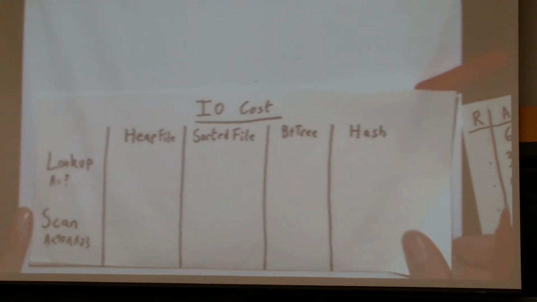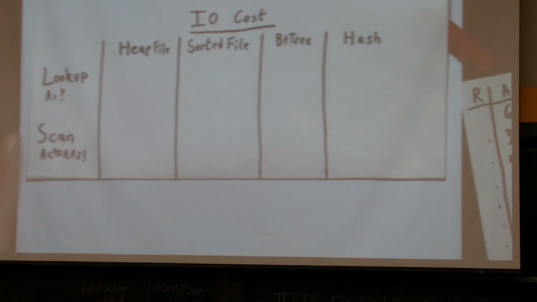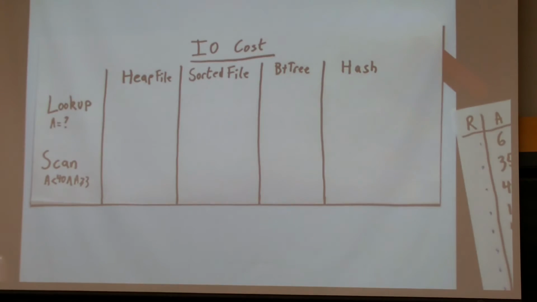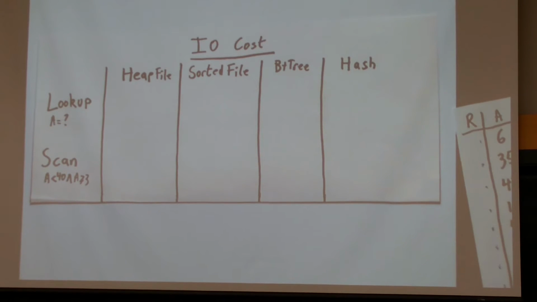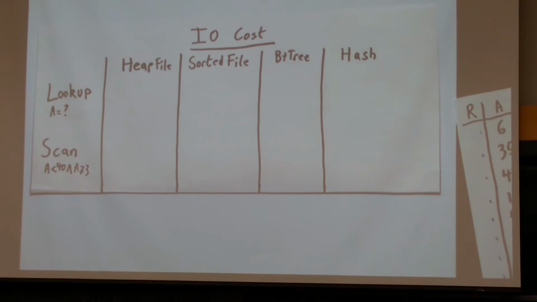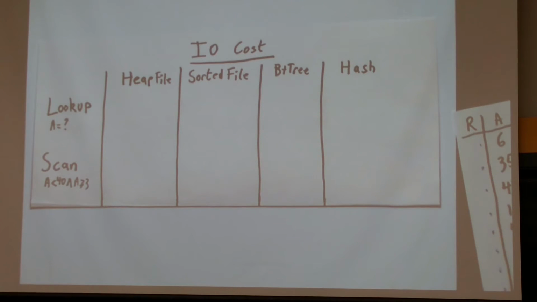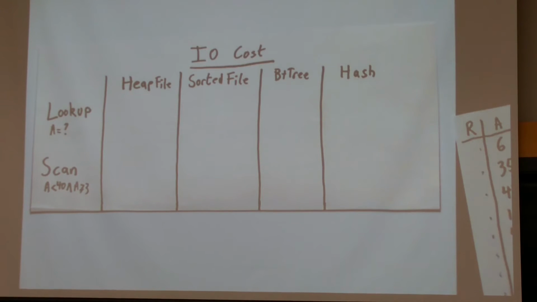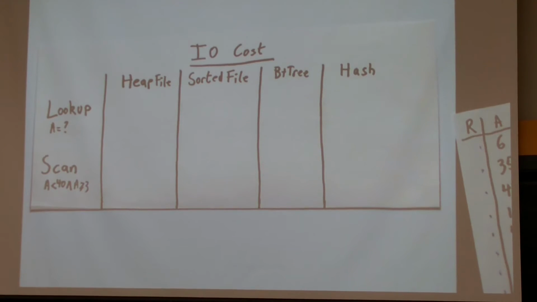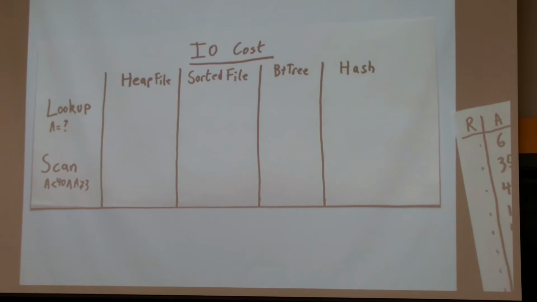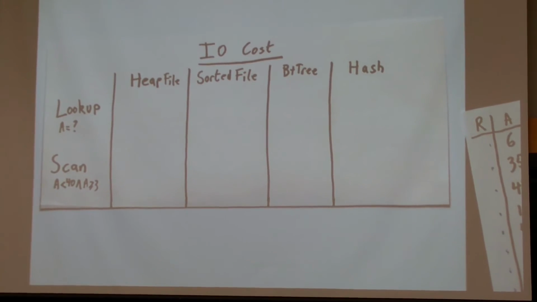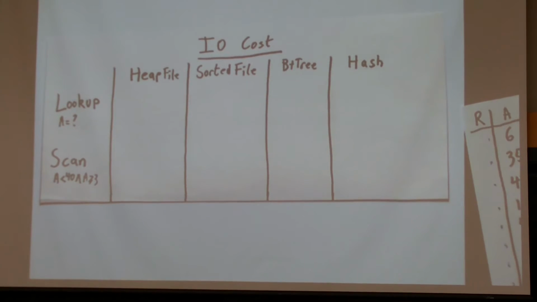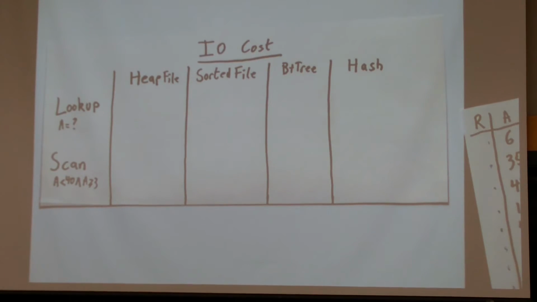You can write all this down in one big table. So if I want to do a lookup on a file where I know that all of the data is sorted by the attribute that I'm looking for, and I don't have any indexes over it, how long is that going to take?